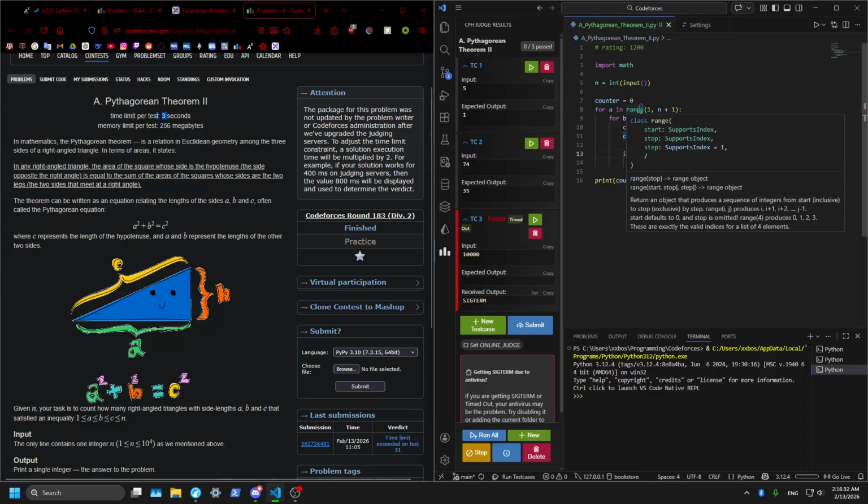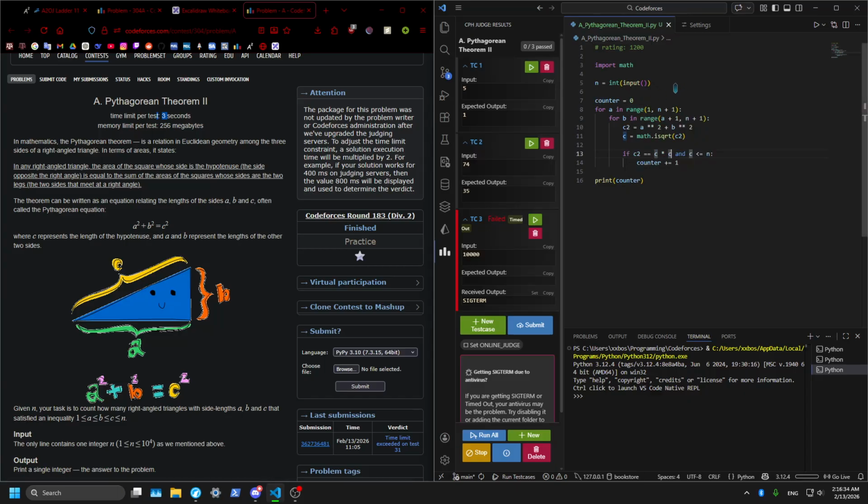Either way, it's all of N squared, right? Yeah, I really don't know. Do I have to use C++ for this question?